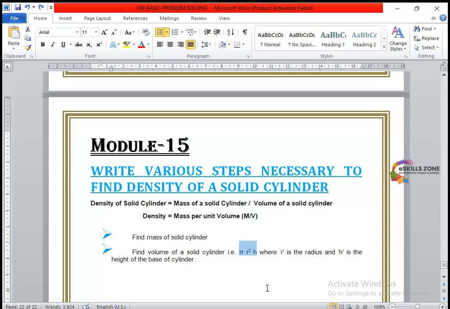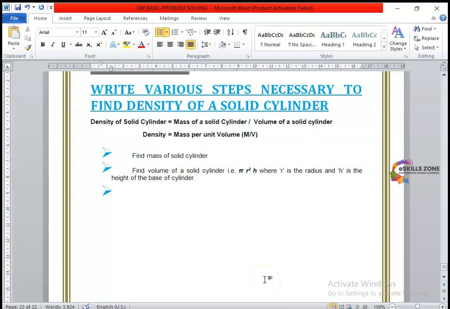H is the height, r is the radius, and this is the basic formula from which we can calculate the volume of a cylinder.